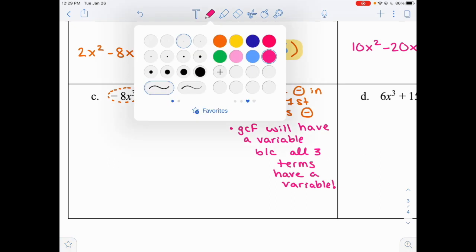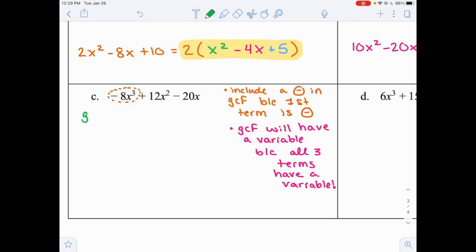So, with that being said, the greatest common factor here is going to be negative. And then the largest number that divides 8, 12, and 20 is 4. And then they all share an x. The smallest exponent with the x is 1, so it's just going to be negative 4x.